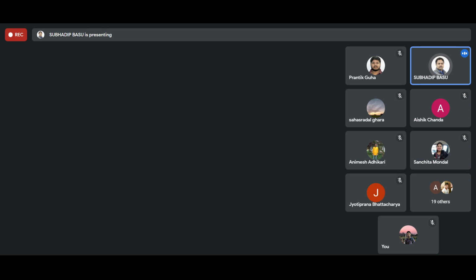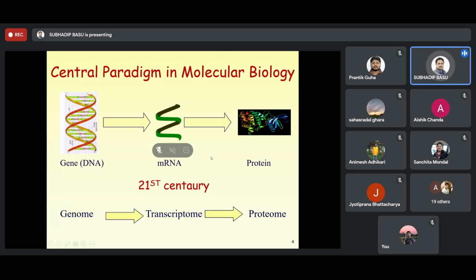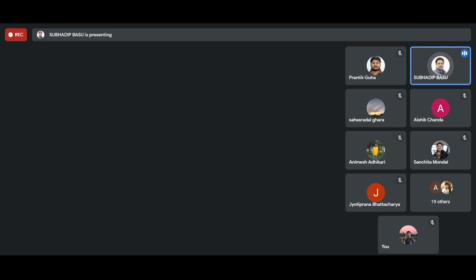We call the study of all the genes the genome, all the messenger RNA the transcriptome, and all the proteins the proteome. The study of these is called genomics, transcriptomics, and proteomics. So this is the objective.